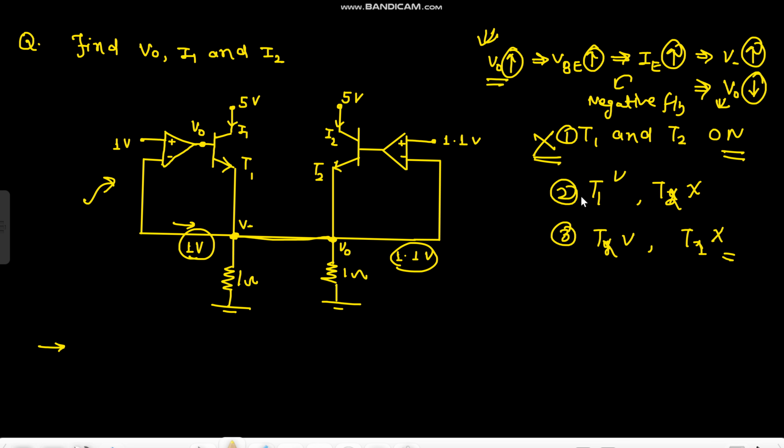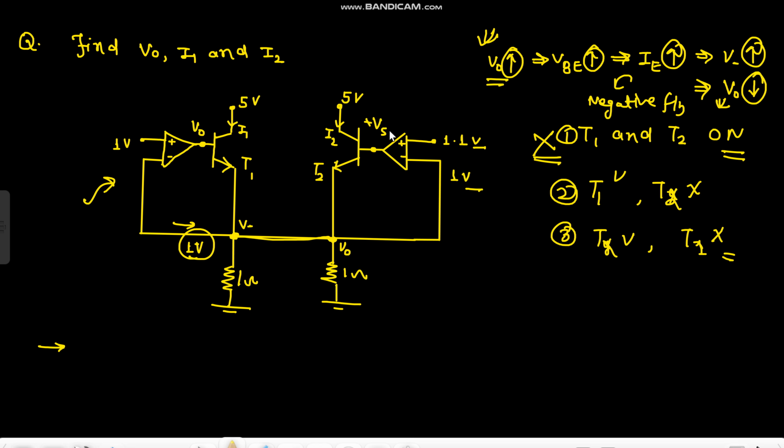Okay, now what will we do? We will take T1 to be on and T2 to be off. So we took T1 to be on. So this one will be in negative feedback. So this 1 volt will come here. So V negative will be 1 volt, and this 1 volt will go here. Now because this is 1.1 and this is 1, what will be the output value here?